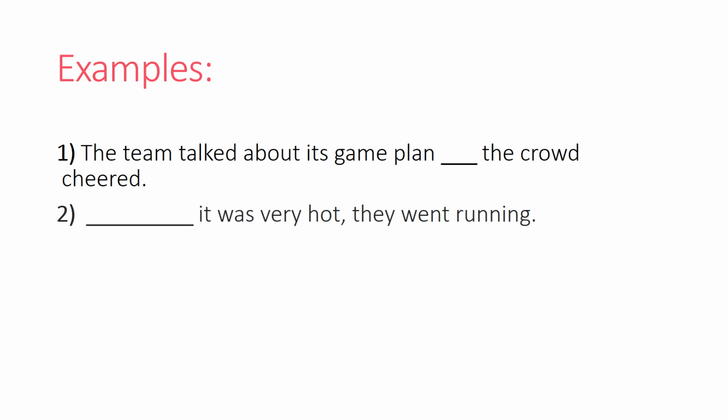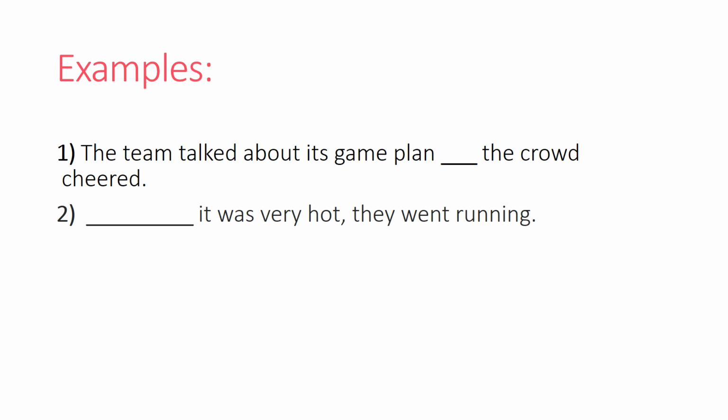This one, it was very hot, first sentence. They went running. So at first you will think that maybe they're opposite ideas. If they're opposite ideas, you may use contrast. You can say they went running, or it was very hot but they went running.